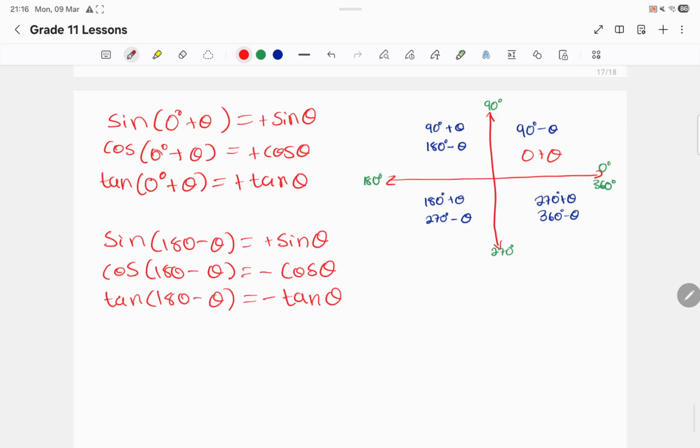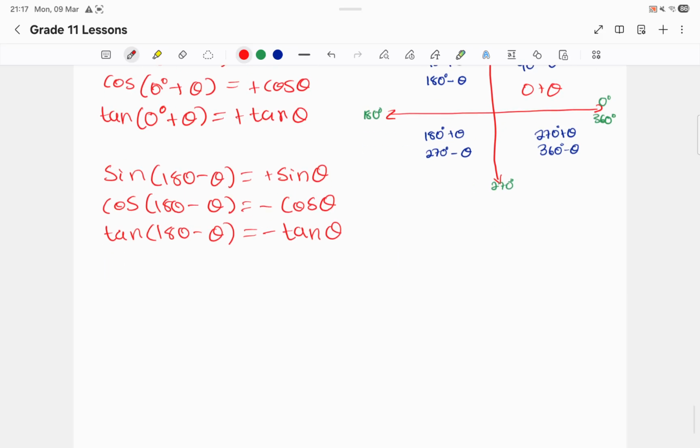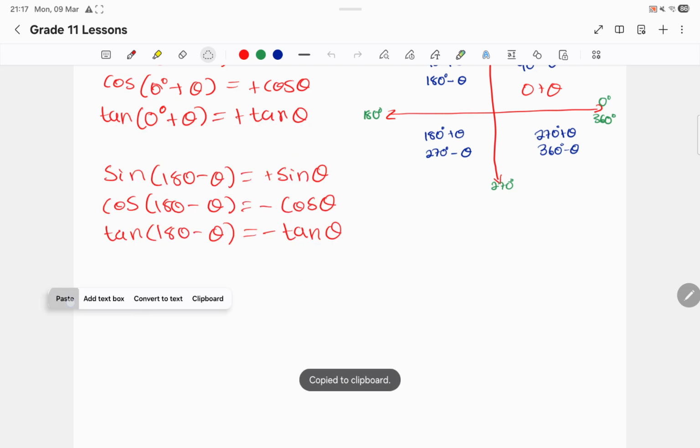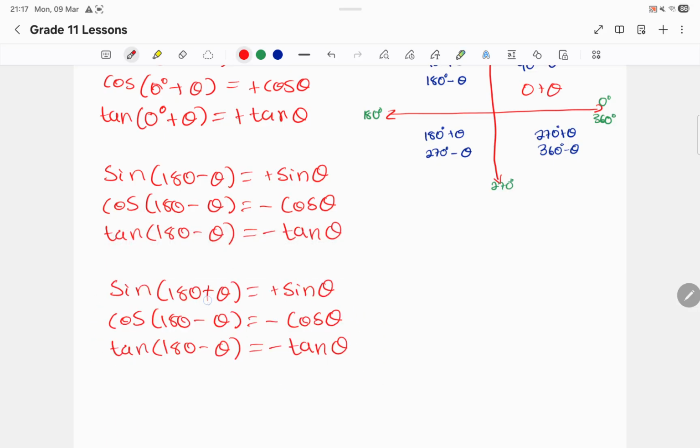Yes, so in a case where we are looking at 180 plus, I'm just going to copy this and then paste it here, right? So what happens here is I'm just going to add plus, and then I'm going to change the signs. 180 plus is in the third quadrant.